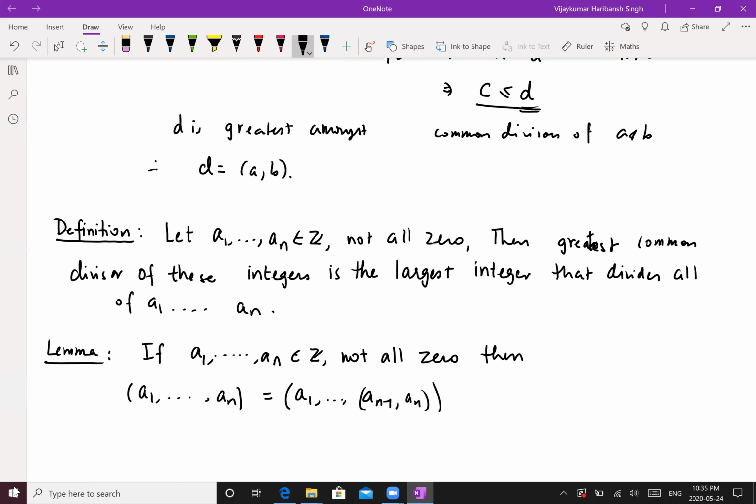How do you interpret this statement? If you take GCD of 2, you can combine any two and take GCD of them, and then replace them by their GCDs. So what do I mean by that?